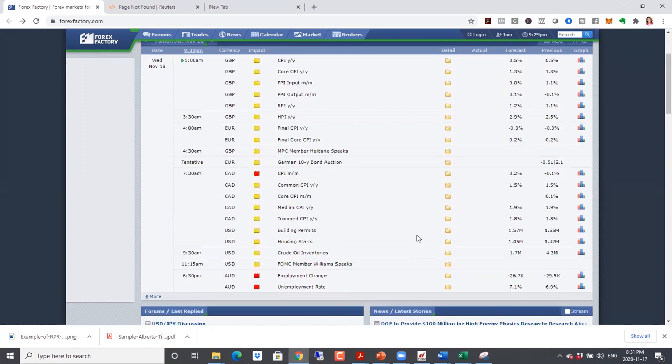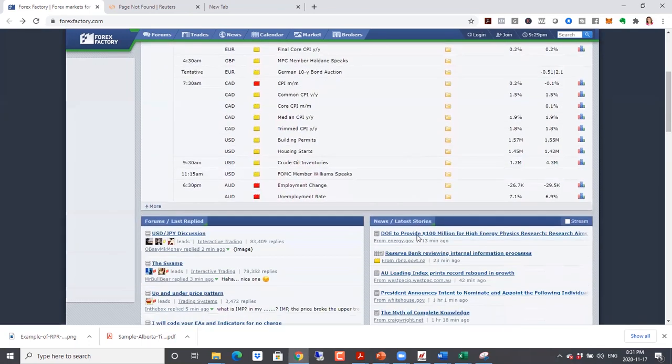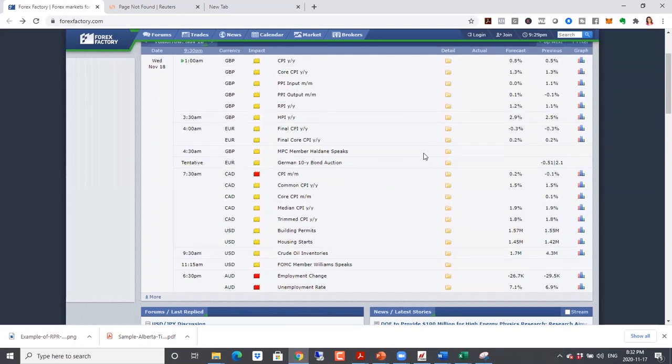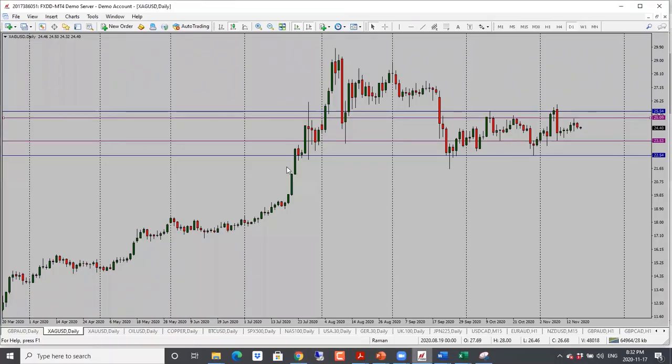We are seeing more stringent precautions around the world, so we'll keep an eye on that for now. Other than that, we have employment numbers here from Australia. So that is it. Okay, so let's go on to our charts right now.